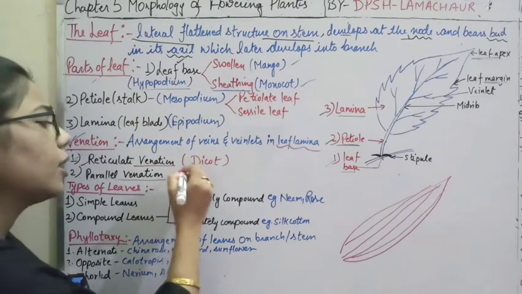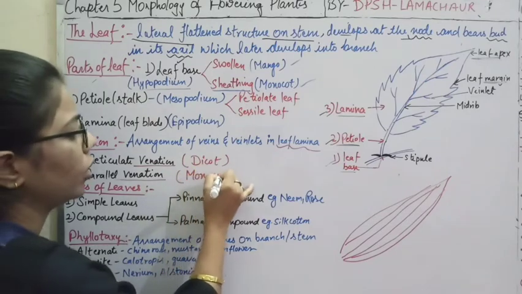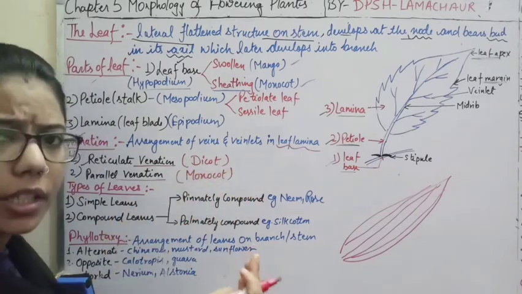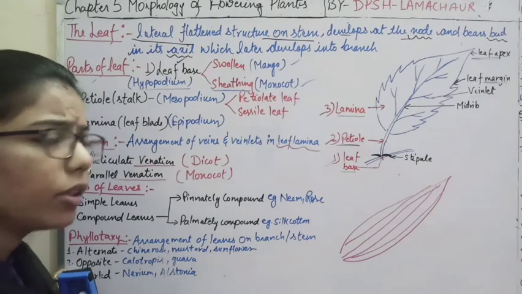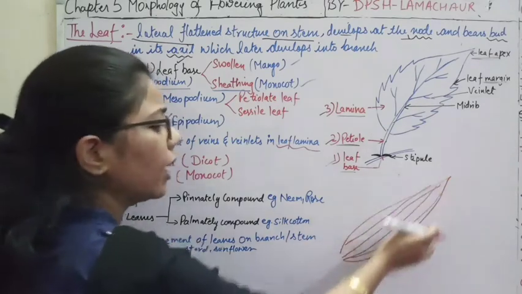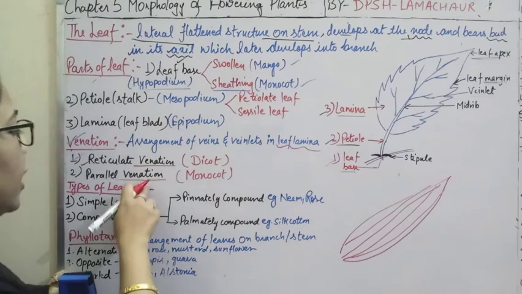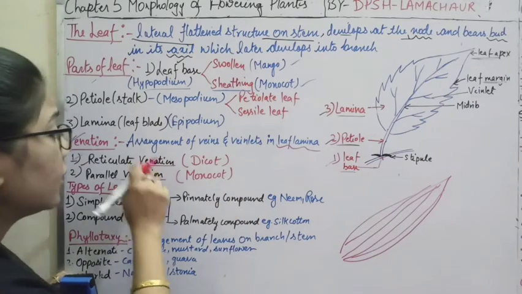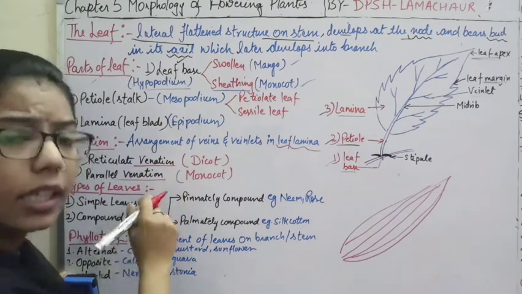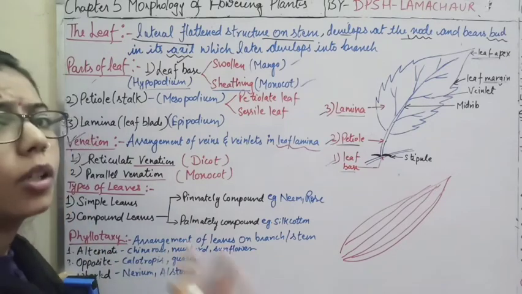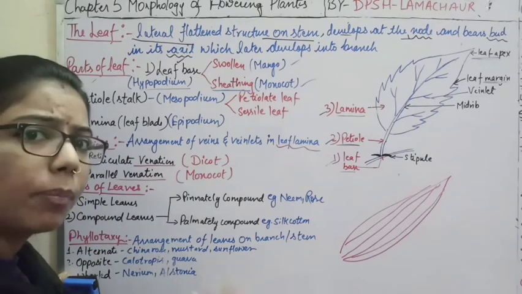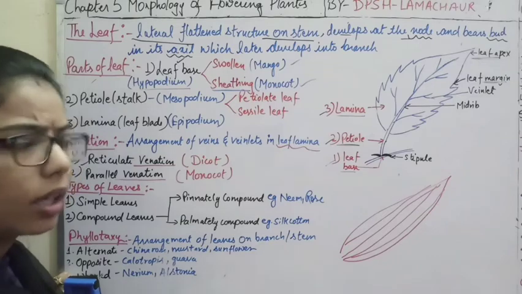And examples are monocots. For example, wheat, rice, maize, whatever plant you see, they all have what type of venation? They have parallel venation. And these two are a basis to observe whether a plant is monocot or dicot.